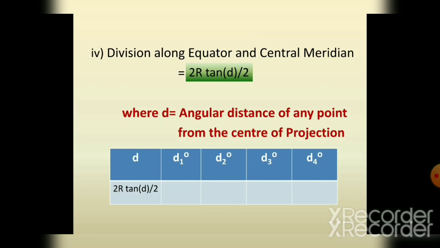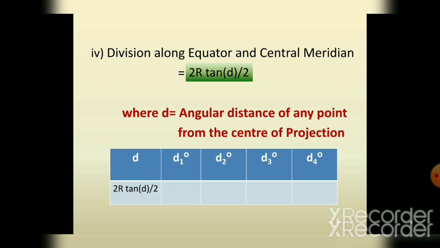Now the angular distance depends on the interval. If the interval is 10 degrees, look at the following table: for d1 it is 10 degrees, for d2 it is 20, for d3 it is 30, for d4 it is 40 degrees, both for parallels of latitude and for the central meridians.